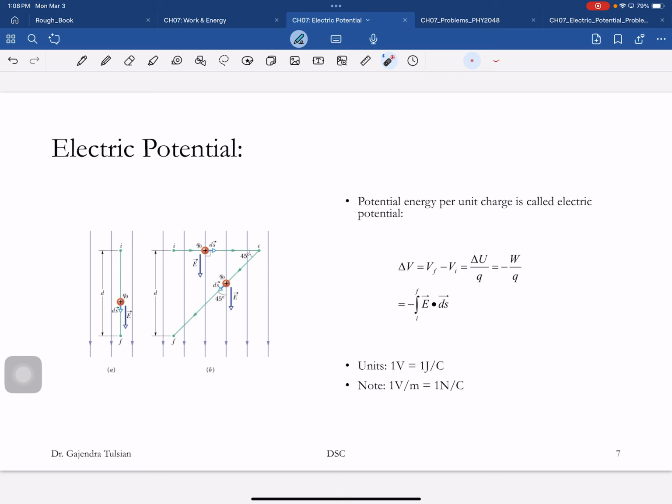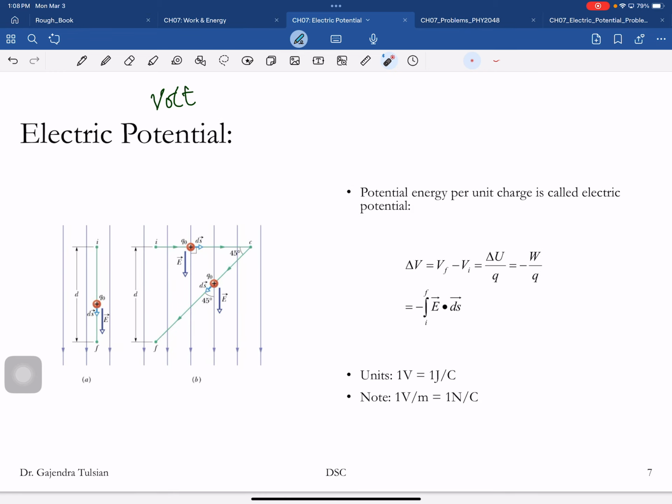The unit in which electric potential is measured is called a volt, after Mr. Volt. We define this electric potential because potential energy is dependent on the charge. So if you divide that by charge, this quantity becomes charge independent.